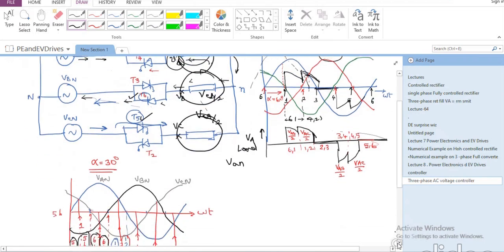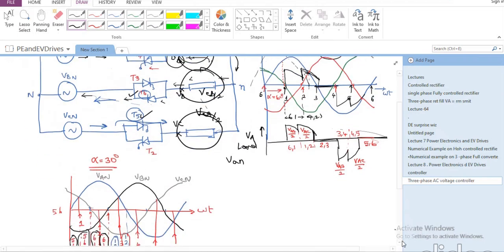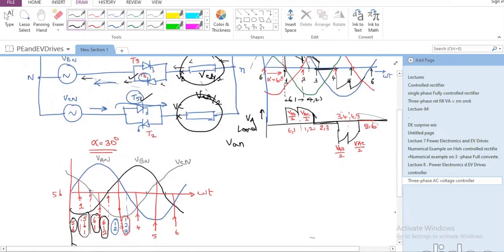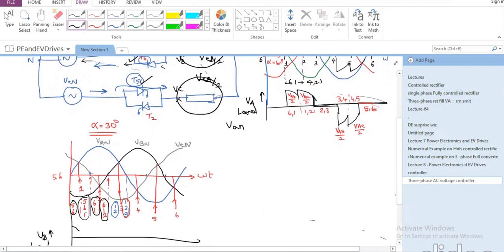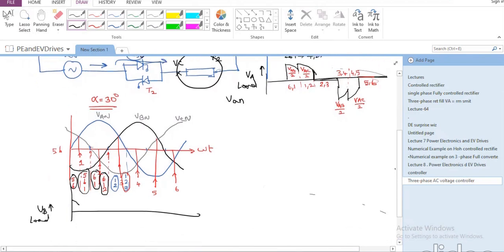That is how it is going to be, because it is as good as a balanced situation.